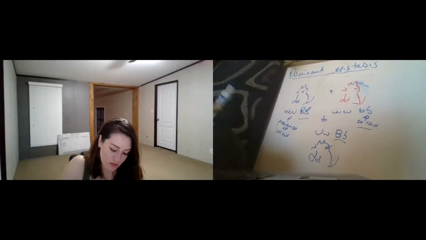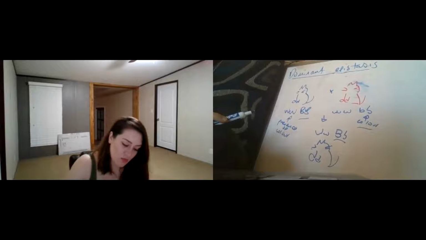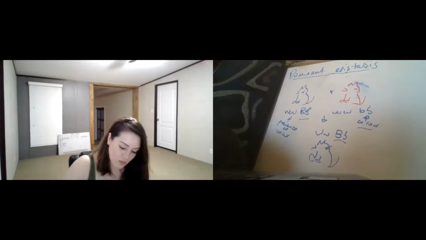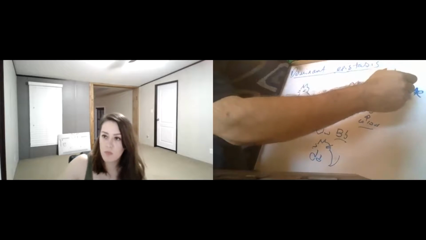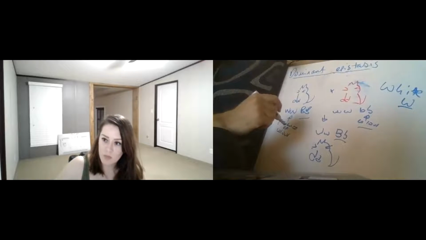So you will get, how many will that be? That's a 12:3:1 ratio. There you go. So essentially you'll get either white, which have a dominant Y allele.